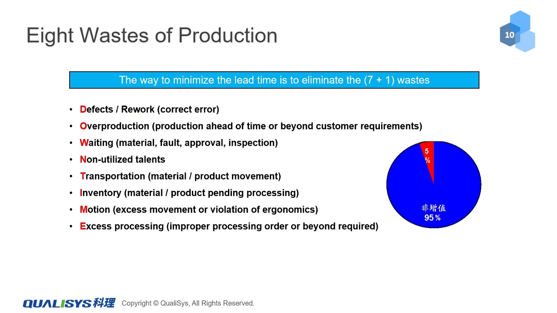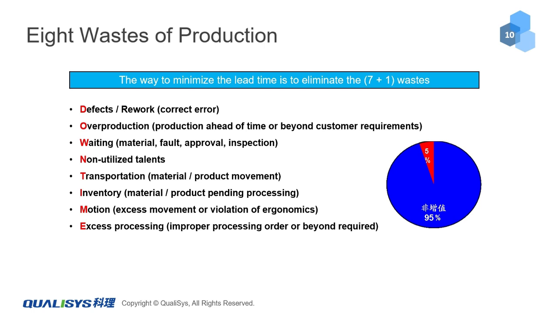The best way is to minimize your motion. Everything should be within the touch of your arm. You don't have to step two steps away to get the product, bring it to the workbench, do it, and then make another two steps to put it in the inventory box and so on. So try to minimize all the motion, because motions we classify as waste.